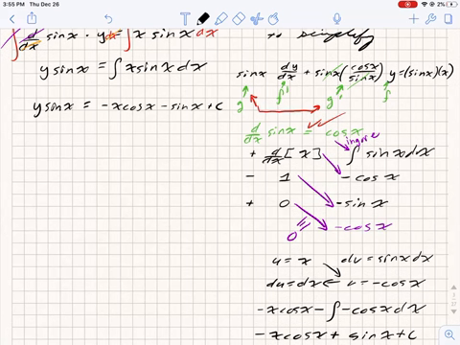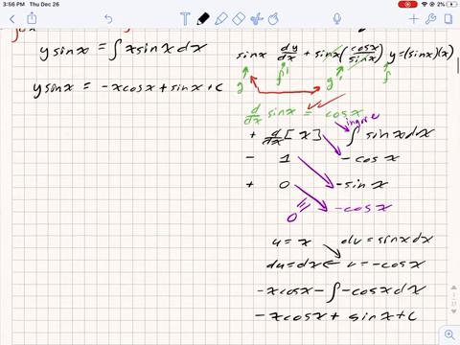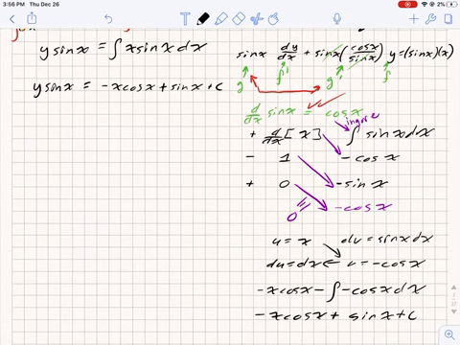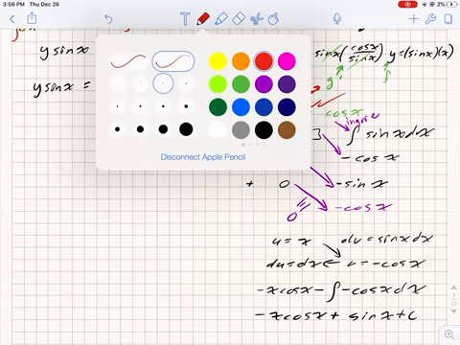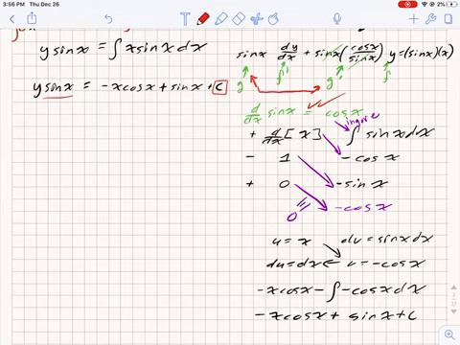So that means that this must be a positive. The integral of cosine x is sine x, and you keep the negative there. So this is a good way to check your tabular method. I don't really like to use tabular method because of these simple mistakes right here. But notice that we have the c here. This c is very important. We're going to keep it there when we divide by sine x.